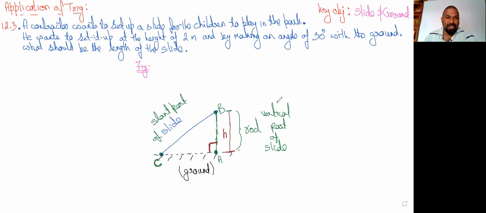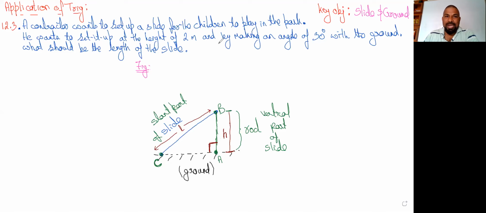Yes, many are giving correct answers. I said clearly where the L stands. So the height of the slide is nothing but AB and the length of the slide is nothing but BC.